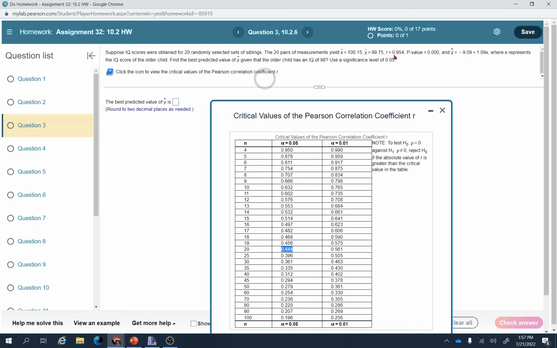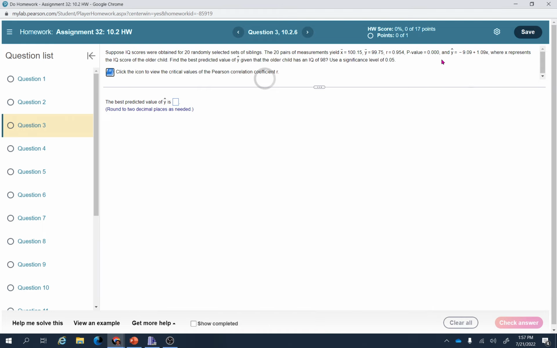In that case, we can accept this linear regression model from section 10.1. Because of this, we can use this equation of the line to model the relation between X and Y. So now we can use this model to predict the value of Y cap.